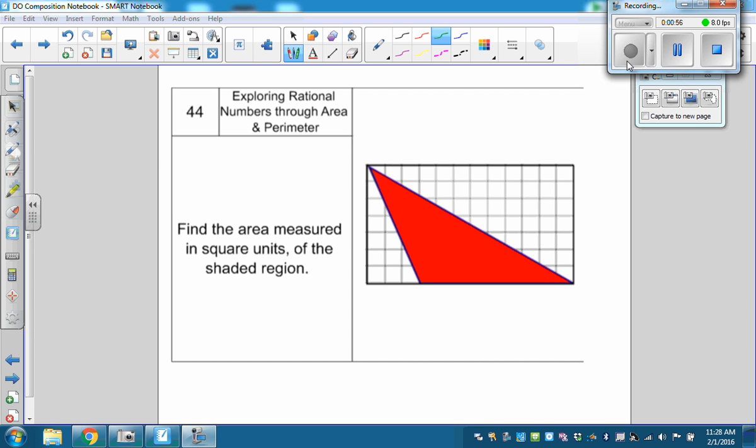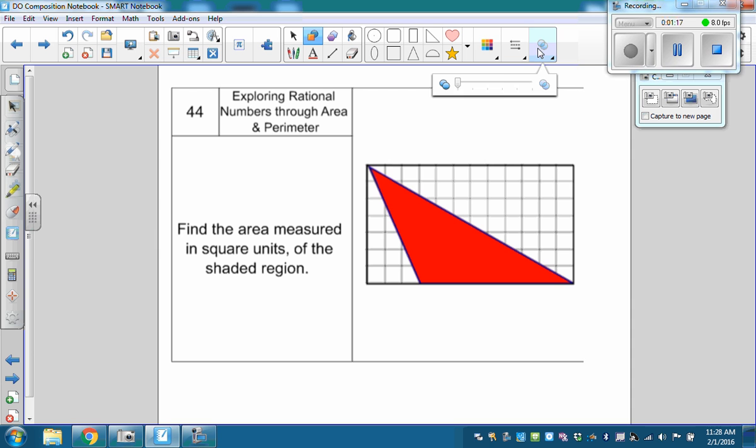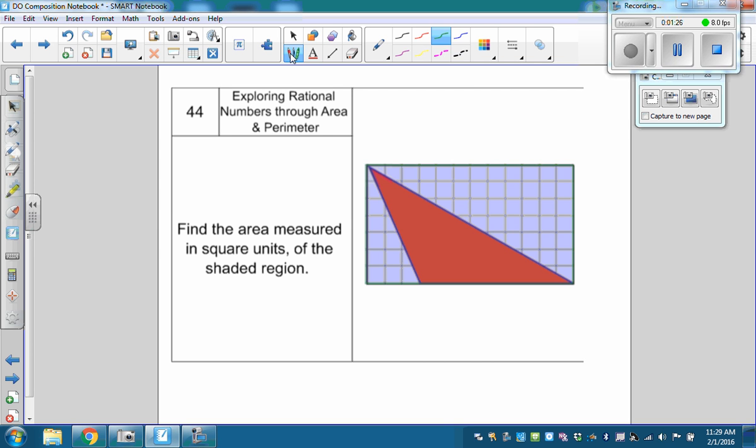So I can take this triangle and surround it with a rectangle, and I'll make it a colored rectangle so we can talk about the different pieces. If I make this rectangle sort of see-through, this whole rectangle is, if you do some counting, 1, 2, 3, 4, 5, 6, 7 units by 1, 2, 3, 4, 5, 6, 7, 8, 9, 10, 11, 12.